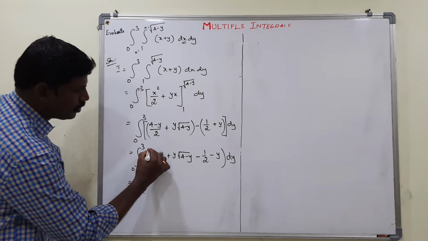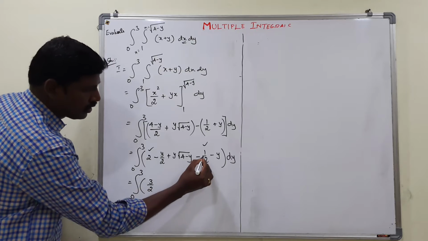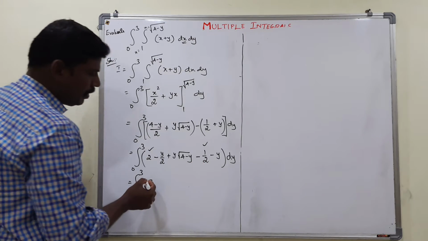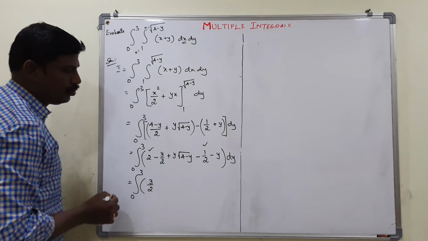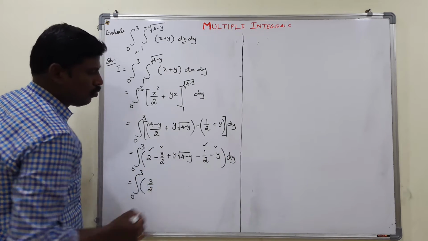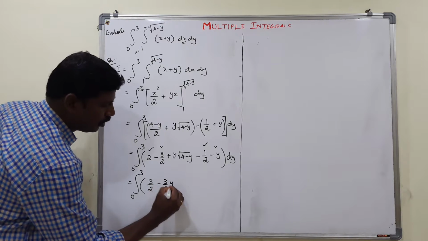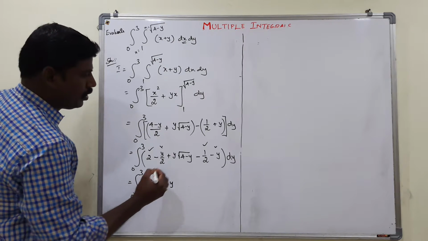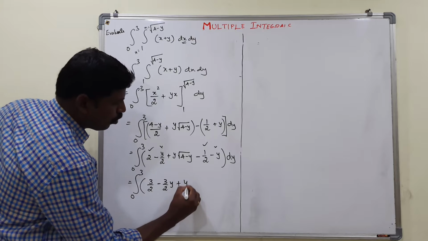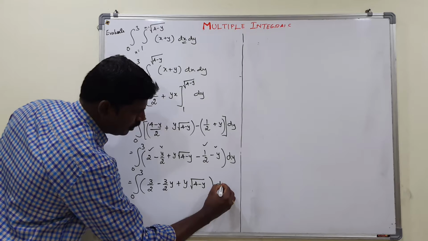You can simplify this: 2 with minus 1 by 2, so 3 by 2. 2 minus half, that means 1 and half, 3 by 2. Or otherwise you have to take LCM. Same like that, minus y by 2 minus y, so minus 3 by 2 y. Okay, right? So the only remaining term is plus y into root of 4 minus y into dy.